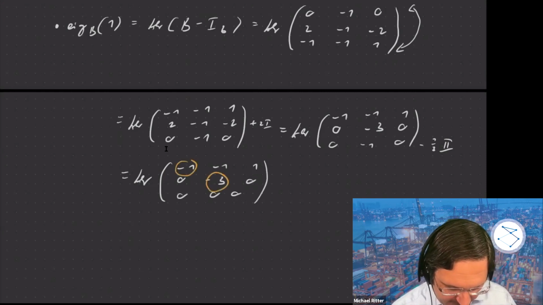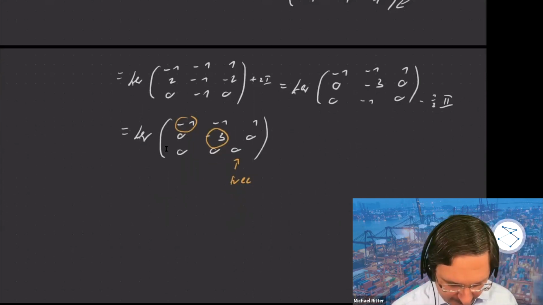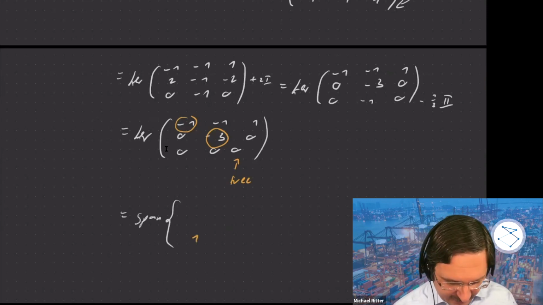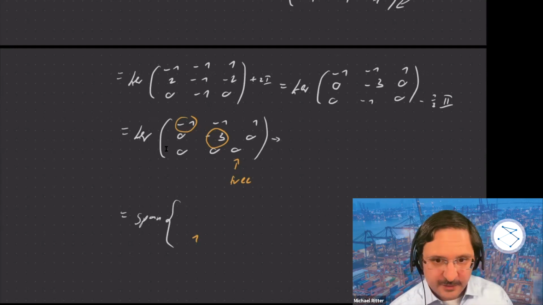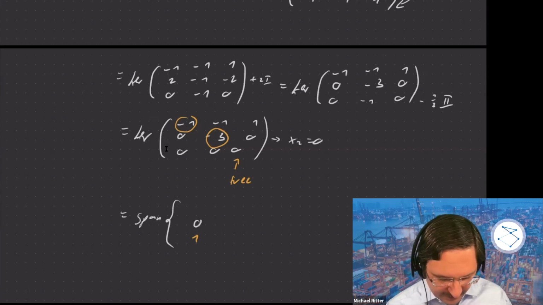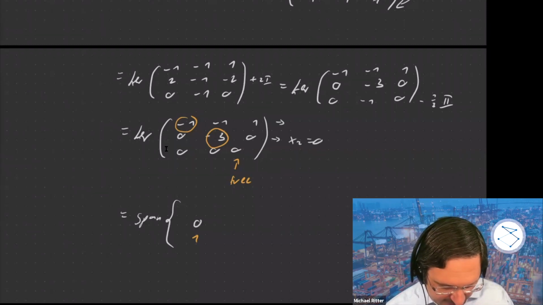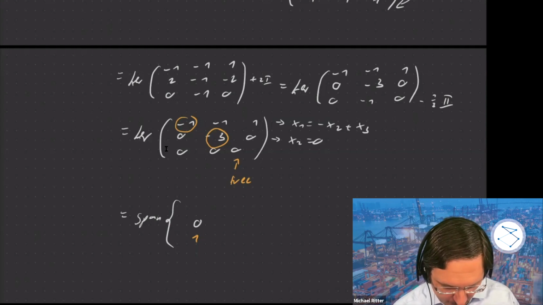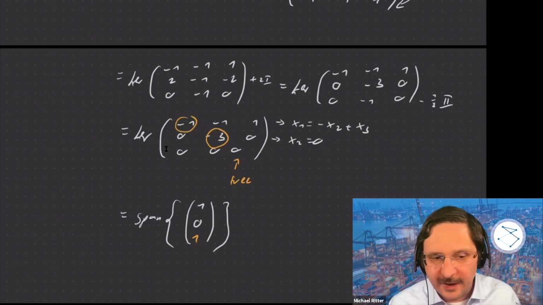Again, we have 2 pivot elements here and here, and we have a free variable for the third column. So again, let's set x3 to 1 and compute the other values. The second row gives us the equation x2 is 0, so that doesn't depend on x3. And the first row gives us the equation x1 is -x2 plus x3, so that's 1. So this is our second eigenspace.